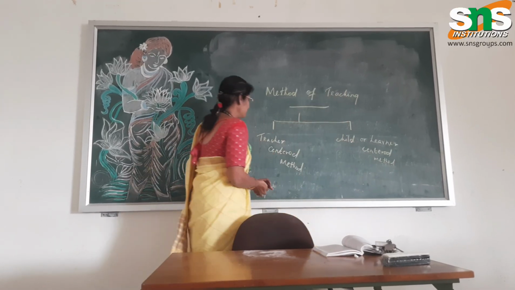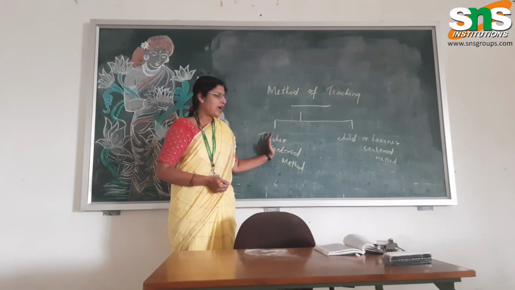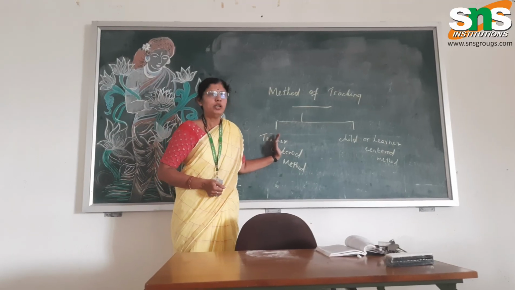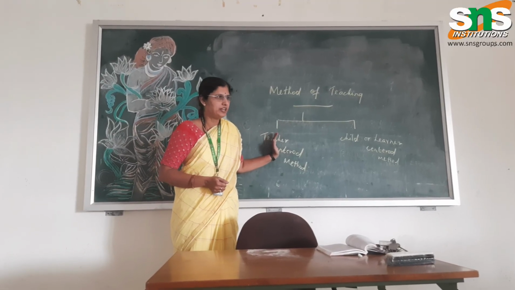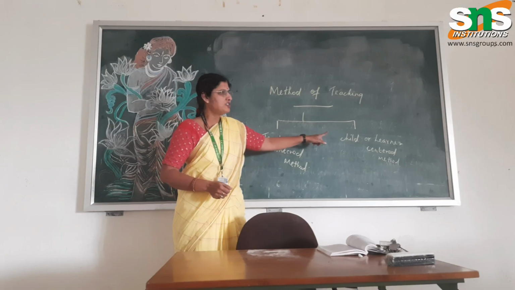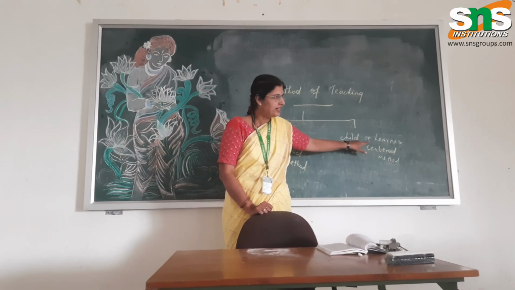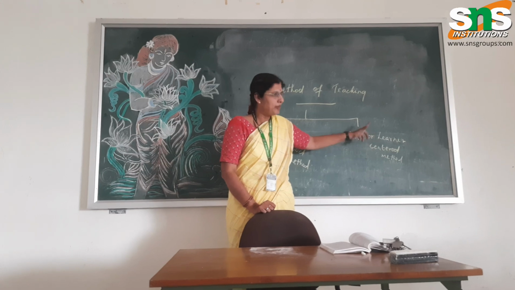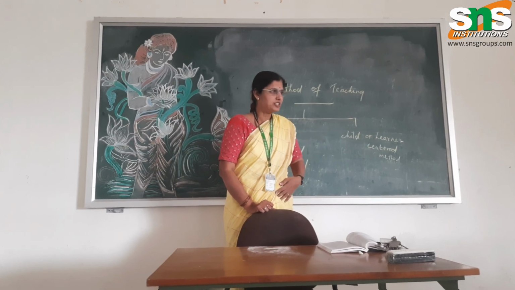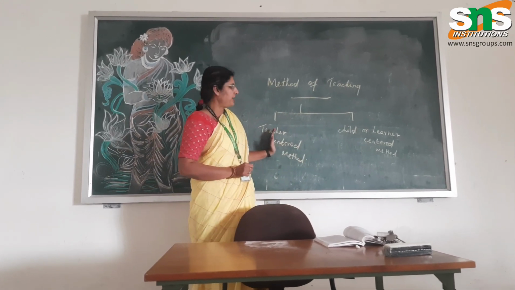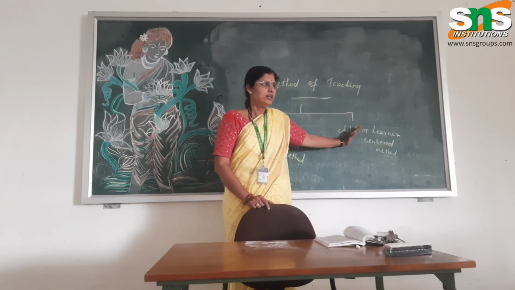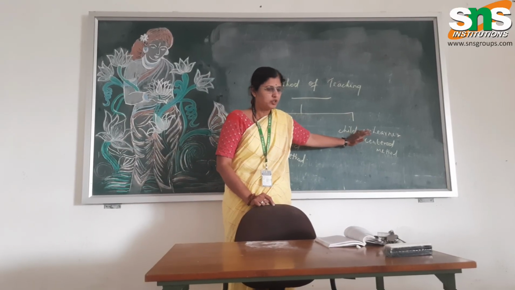So, in teacher-centered method, teacher acts as the authoritative role and the students are the passive listeners. Okay. And in child-centered method, interaction takes place and the method itself helps us to make the teacher and students be interactive. So, this is an authoritative method and this is an interactive democratic method of teaching.